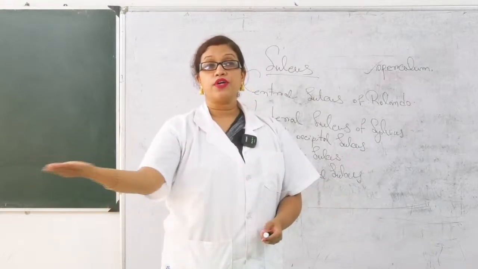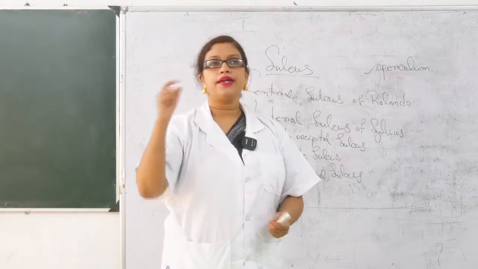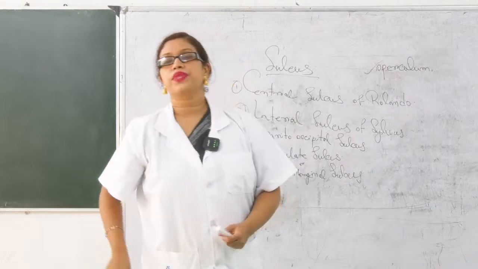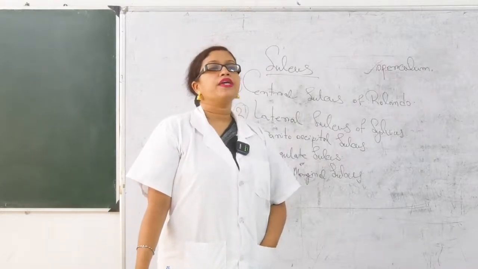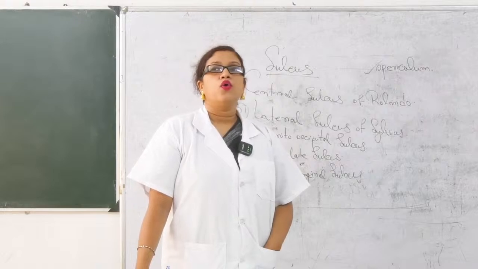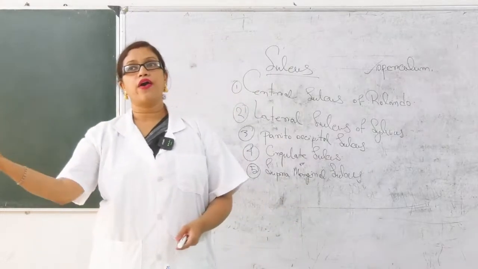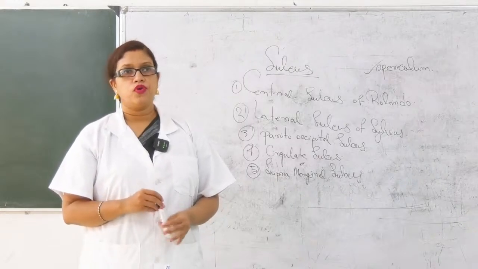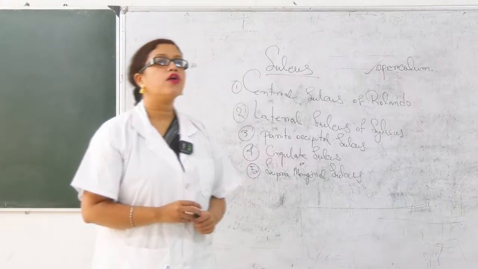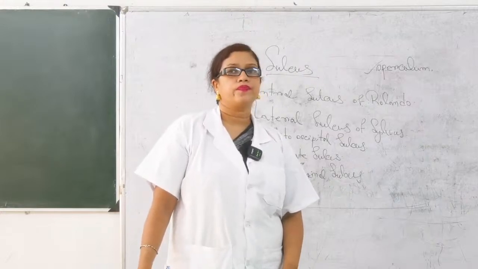But if you are doing horizontal or transverse section, what will you get? Write it down. Internal capsule has been found only in the horizontal or transverse cross section of brain parenchyma. Always remember this.